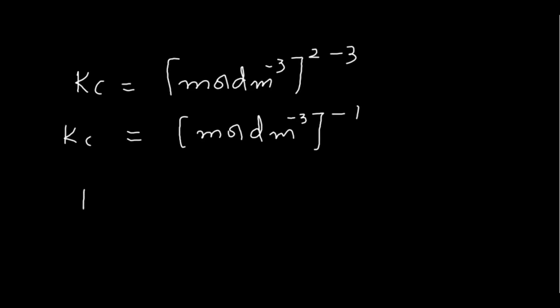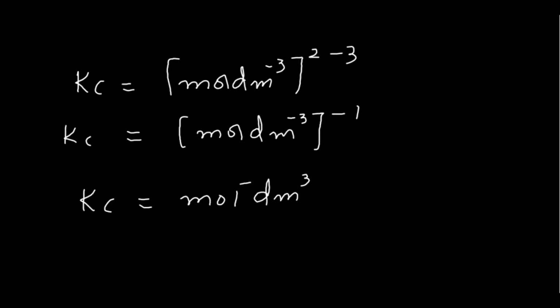Right, students? So we get the unit of Kc. Kc is equal to mole minus 1 dm cube. So this is the unit of Kc. I hope this is clear to you, students.